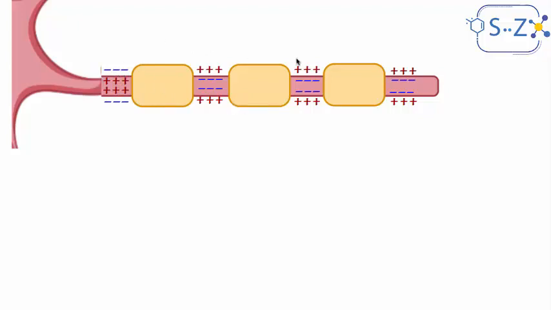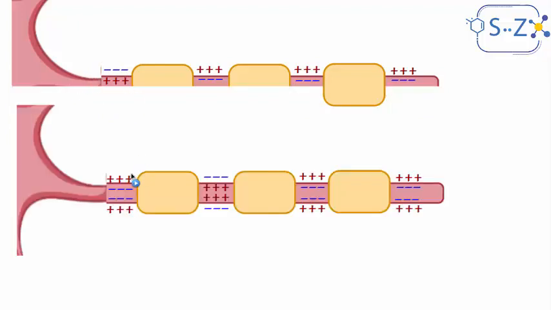Let's take this myelinated axon, for example. We see here an action potential that happens at this point. Due to the presence of myelin, the action potential will move into the next node of Ranvier without passing through this area where it is myelinated. So here we see as if the nervous message or the action potential is jumping from one area to another.